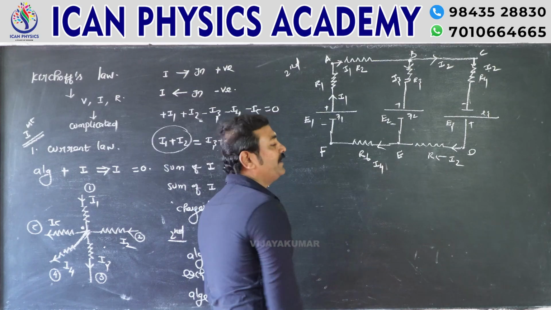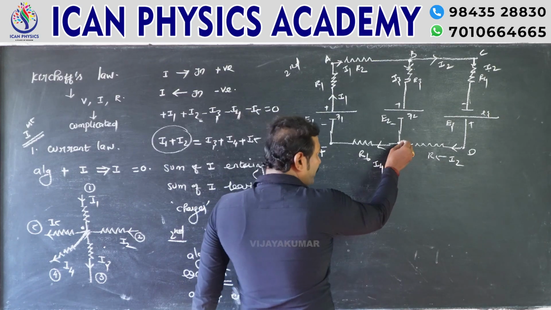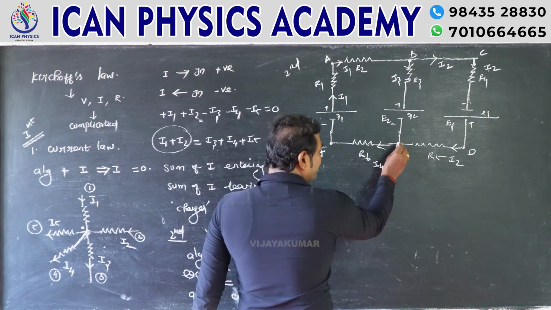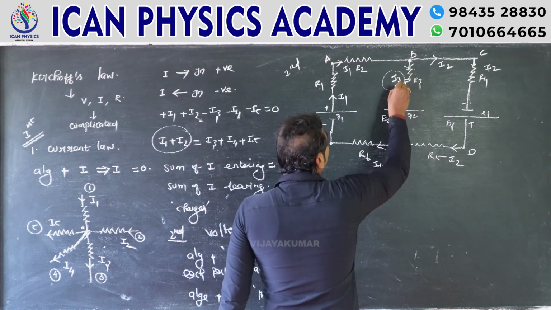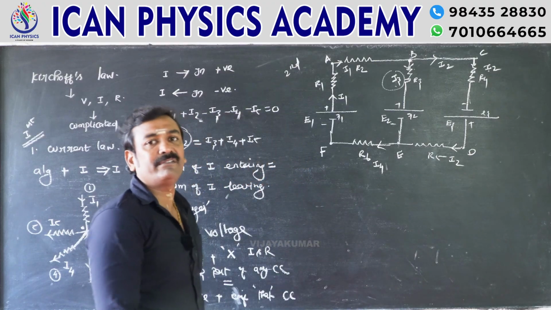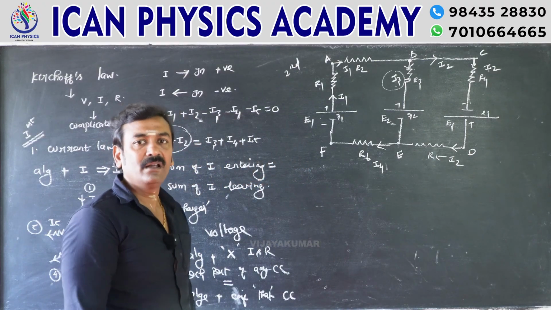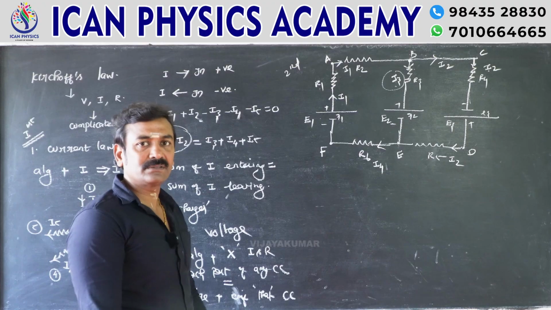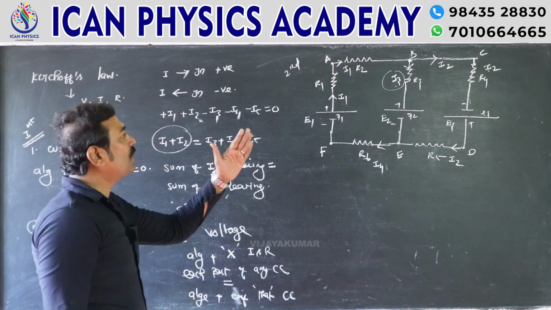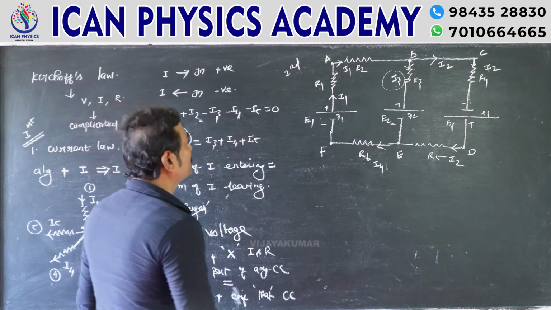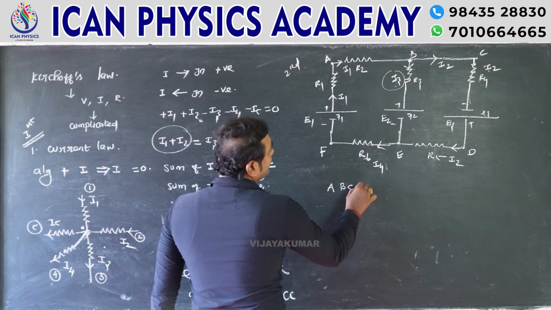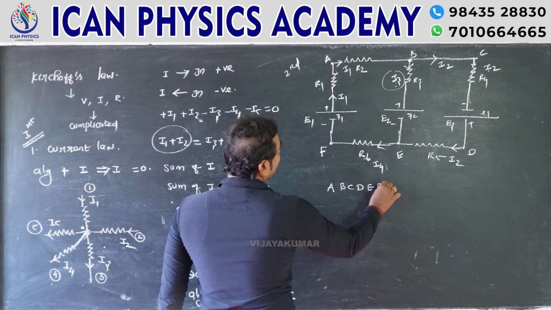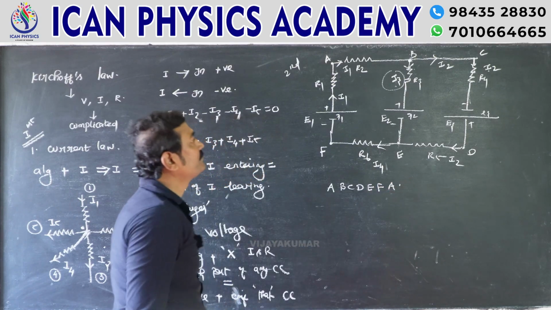So here it is I4. அப்ப இப்படி போற கரண்ட்டுக்கு ஒரு பேர் கொடுத்தாச்சு. இப்படி போற கரண்ட்டுக்கு ஒரு பேர் கொடுக்கணும். ஆல்ரெடி நம்ம என்ன பண்ணியாச்சு, I3 ன்னு கொடுத்தாச்சு. So no need to give a new name. Do you get it now? Do you have any doubts? No doubts. So now we can go for the closed circuit. என்ன எடுத்துக்கலாம்? A, B, C, D, E, F, A.